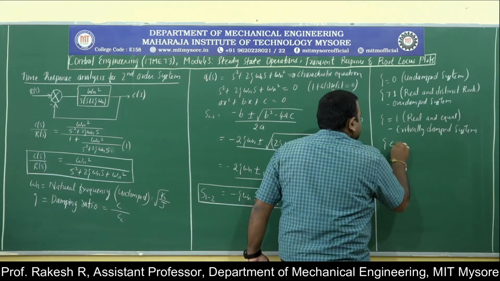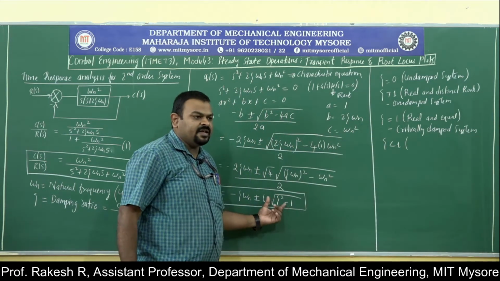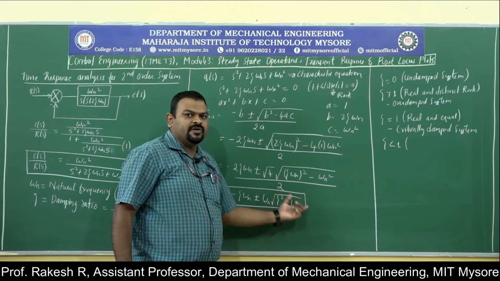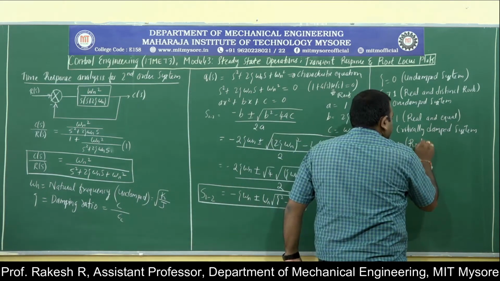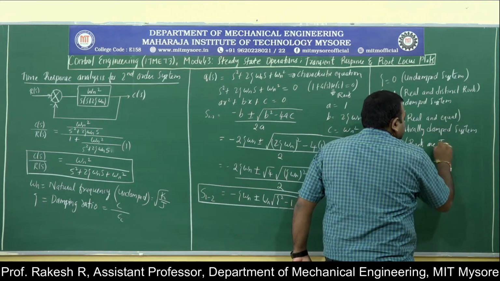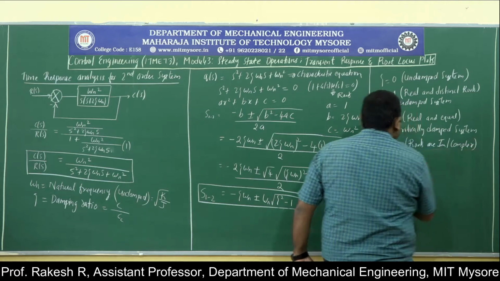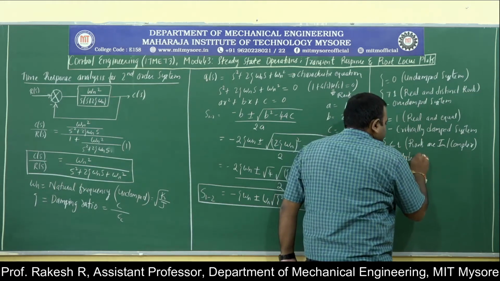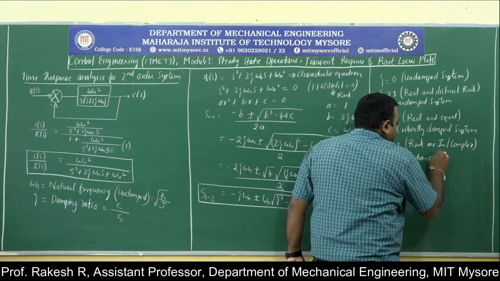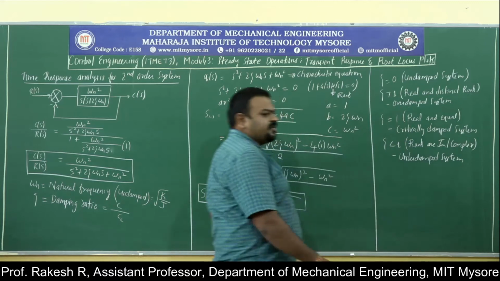If zeta is less than 1, you will get root of minus something. So root of minus is imaginary. So the roots are imaginary or complex. This type of system is nothing but the underdamped system.